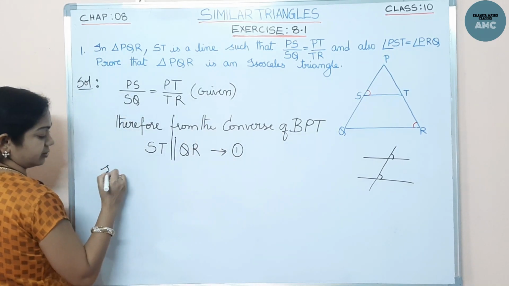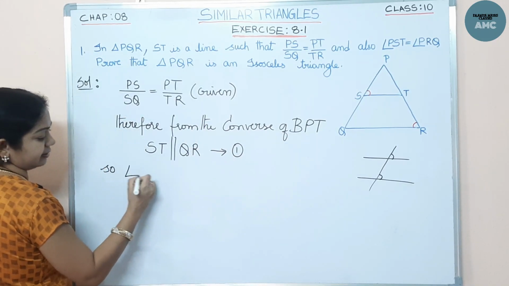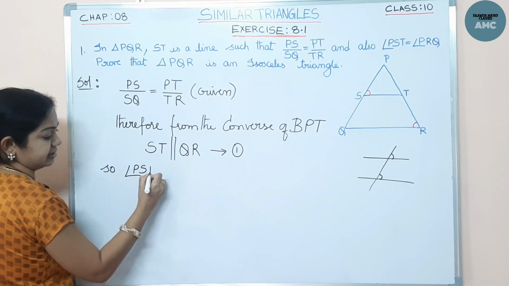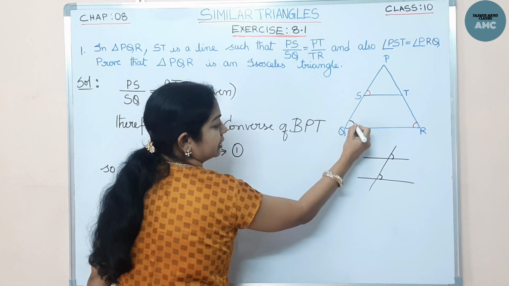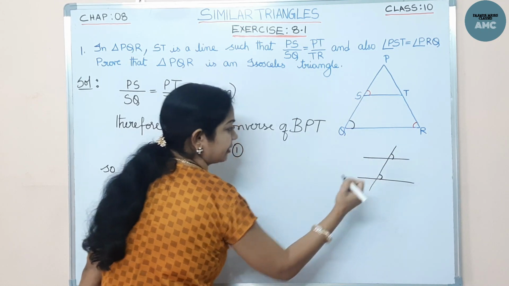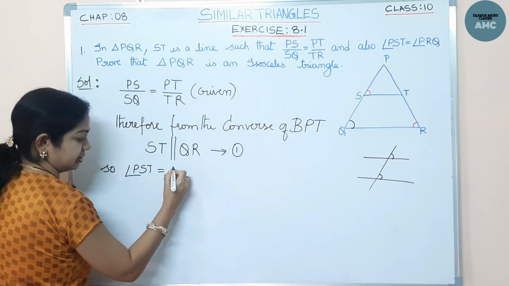So angle PST, this angle, and this angle PQR are equal. Why? Because they are corresponding. That I'll mention here.